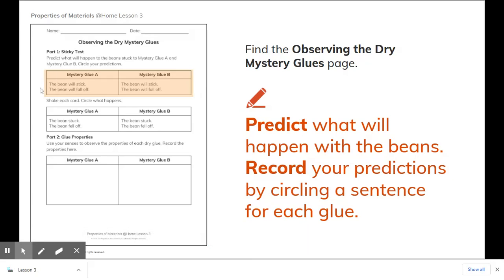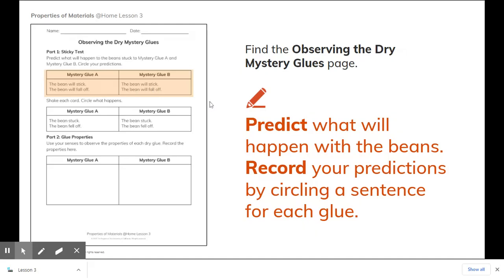And the sentences are the same. You have 2 options. The bean will stick, or underneath that it says the bean will fall off. So you are going to choose for mystery glue A, the bean will stick or the bean will fall off. Mystery glue B, the bean will stick or the bean will fall off.